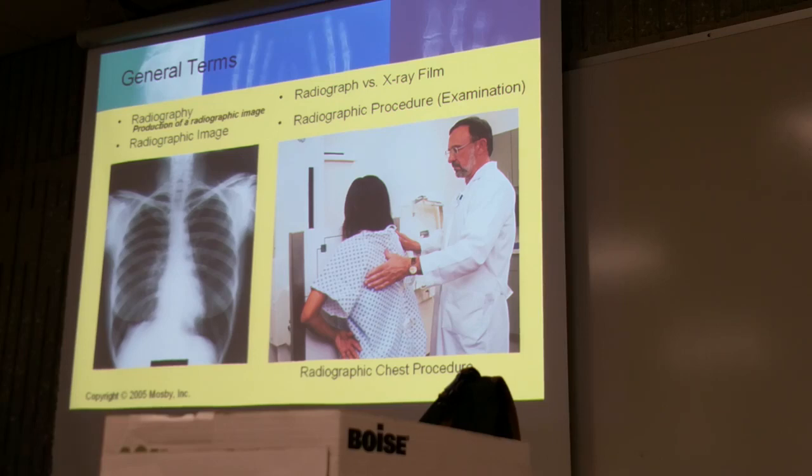Now, if you make a mistake, or if there's some kind of slight nuance in the technical factors that you select, you can't see it on your image anymore because the computer has algorithms to correct your image, and it looks great every single time.